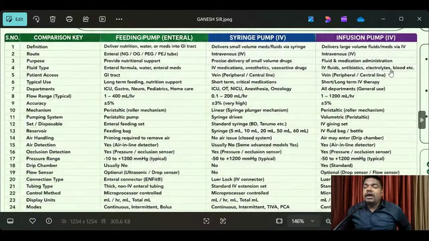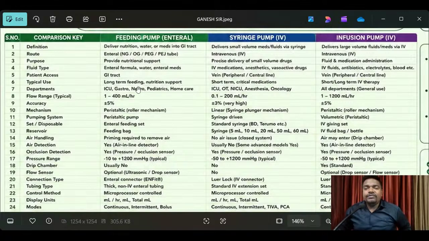Then I gave the definition: IV fluids, antibiotics, electrolytes, blood, etc. Blood also we have to give through infusion. These are very important pieces of information. Please keep them in your mind. These are the variations. After you get experience, only then will you know the value of these points.